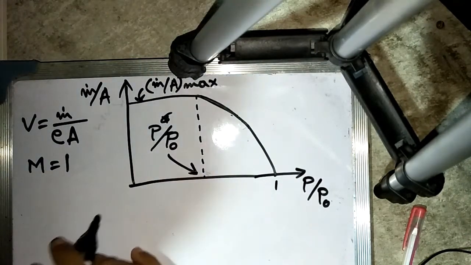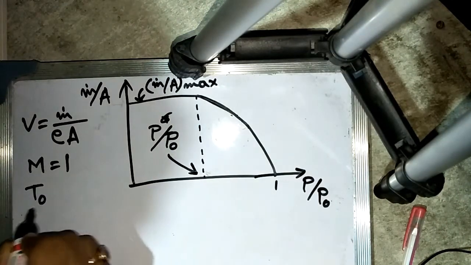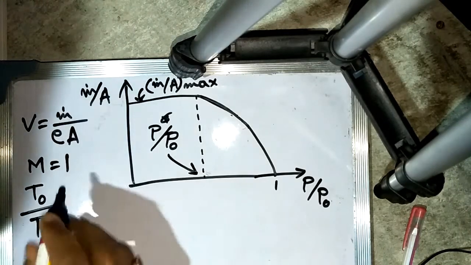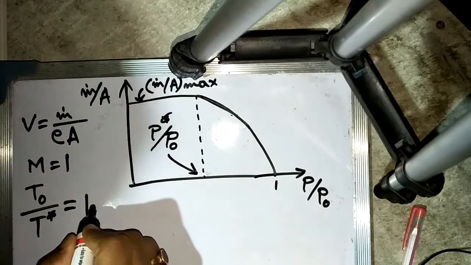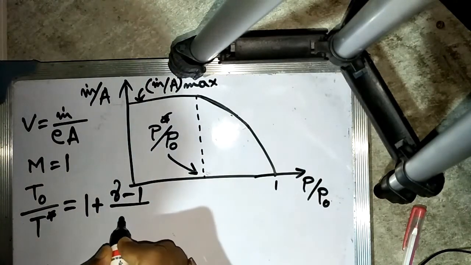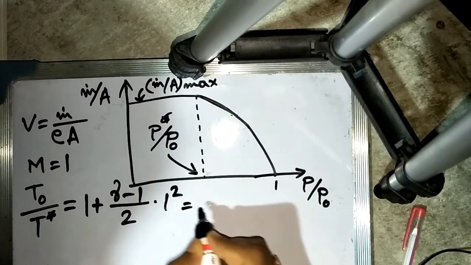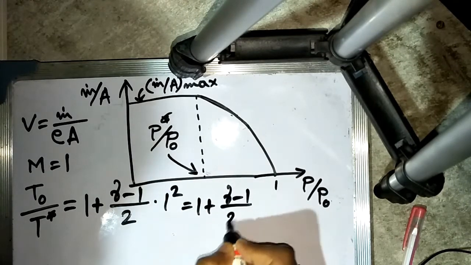T0 by T star equals 1 plus gamma minus 1 by 2 into 1 squared, so that becomes 1 plus gamma minus 1 by 2.